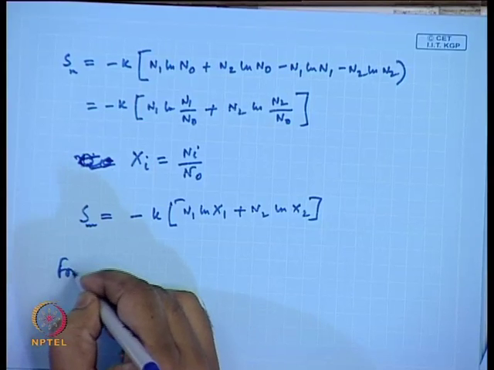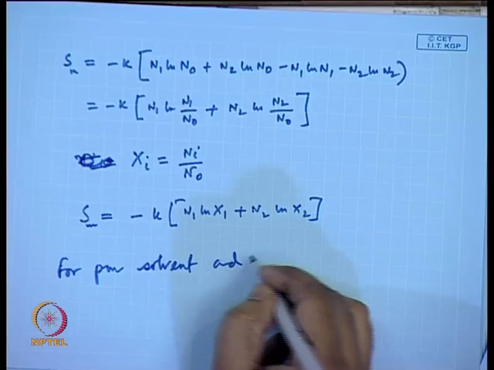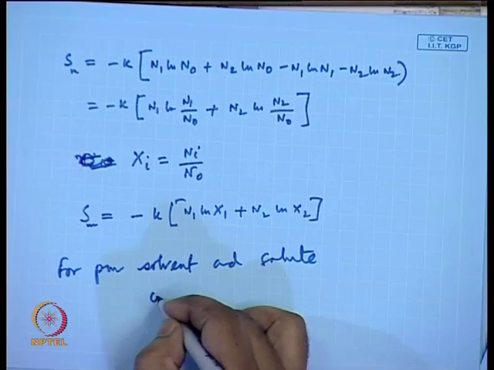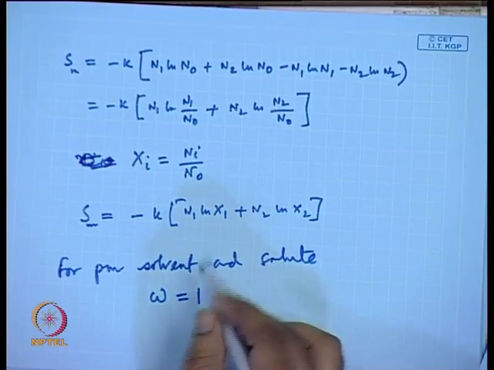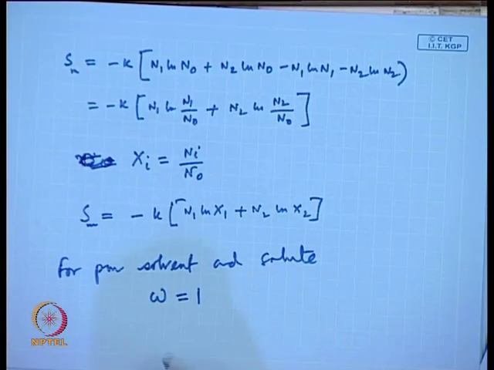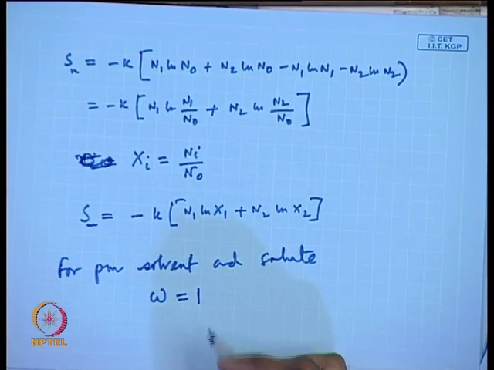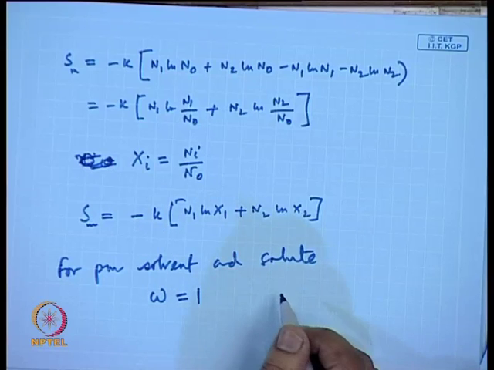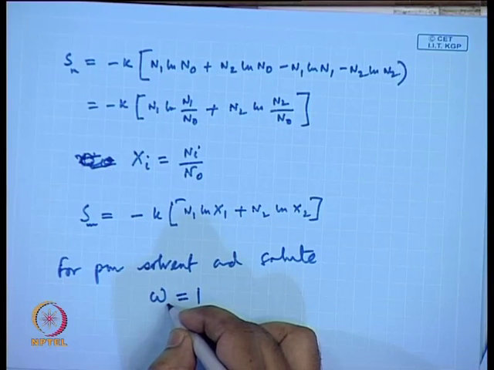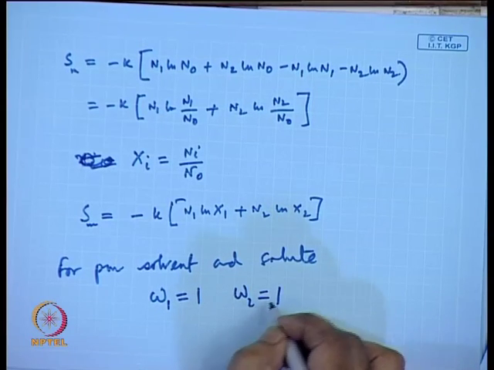Now, for pure solvent and solute, what will be the W? The number of ways you can arrange is 1, because no matter how many times you interchange the molecules, you will always end up in the same arrangement. So, this is the only one distinguishable way you can arrange a pure solvent or a pure solute. So, W1 is 1 and W2 for the solute is also 1.